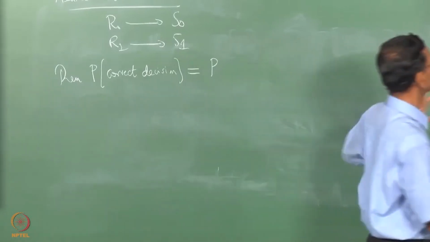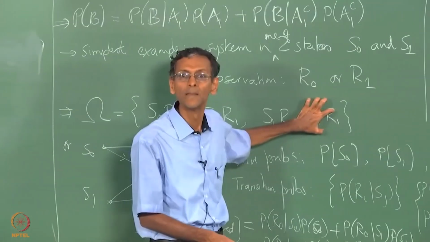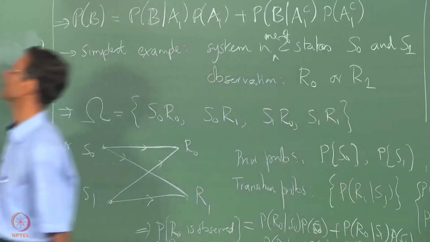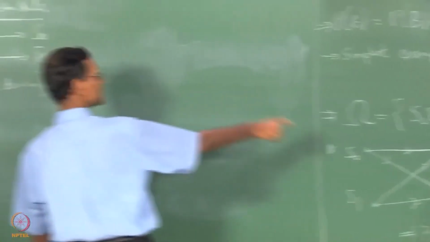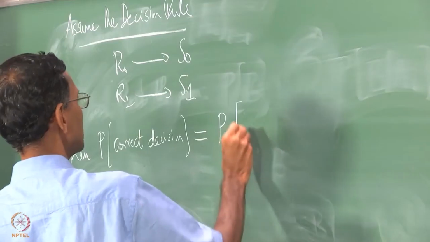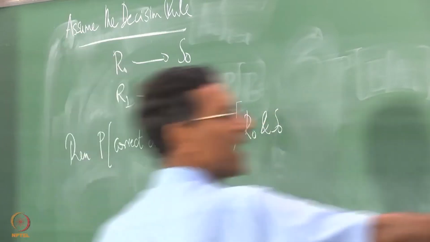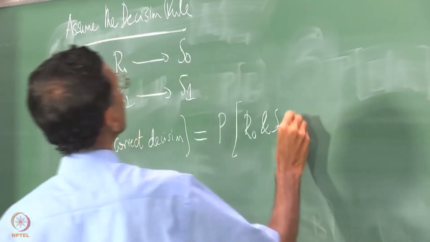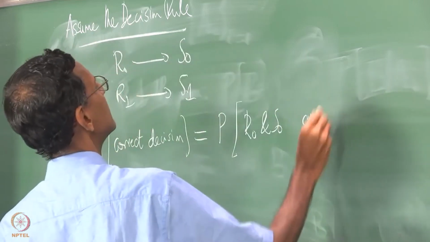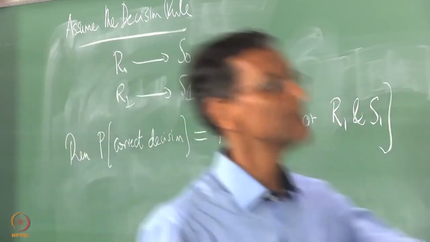This is exactly the probability of getting this and getting this. To abbreviate, I will just say R naught and S naught, or R1 and S1, that is this point.